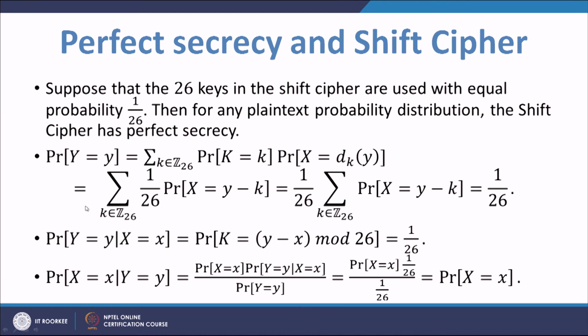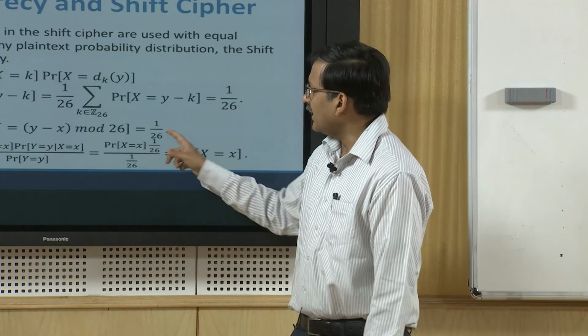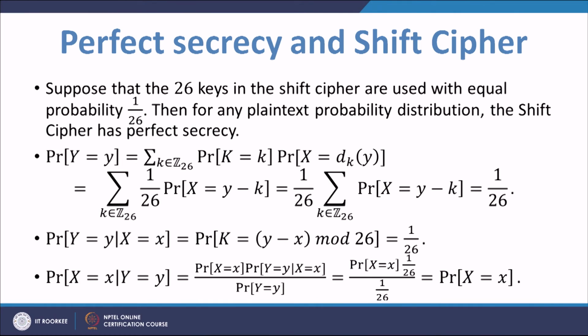On the other hand, if I consider probability of y given x equal to x, then that is the probability of getting the key y minus x mod 26, which is 1 by 26, because each key is chosen equiprobably. And now we see the conditional probability formula: probability of x equal to x given y equal to small y is probability of x times probability of y equal to small y given x equal to small x, divided by probability of y equal to y.